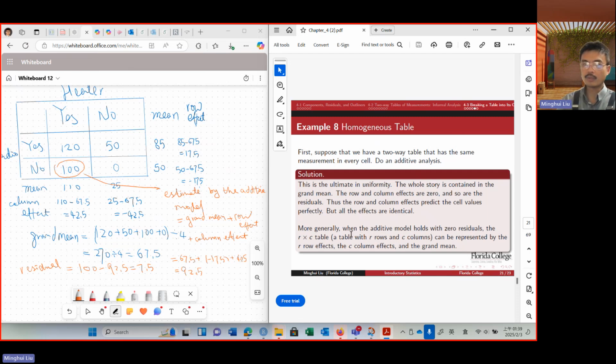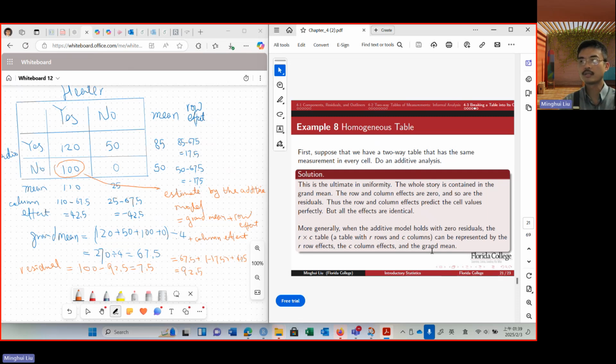And more generally, when the additive model holds with zero residuals, we can perfectly represent the R by C table by R row effects, C column effects, and the grand mean. What I mean by that is if the data set follows the additive model perfectly, then we can use only the row means, the column means, plus the grand mean to represent the whole data.